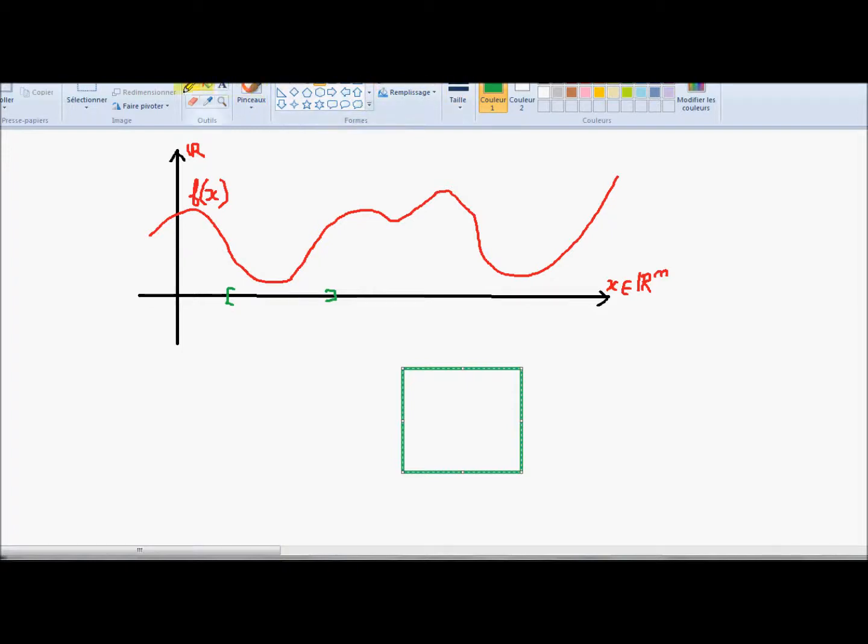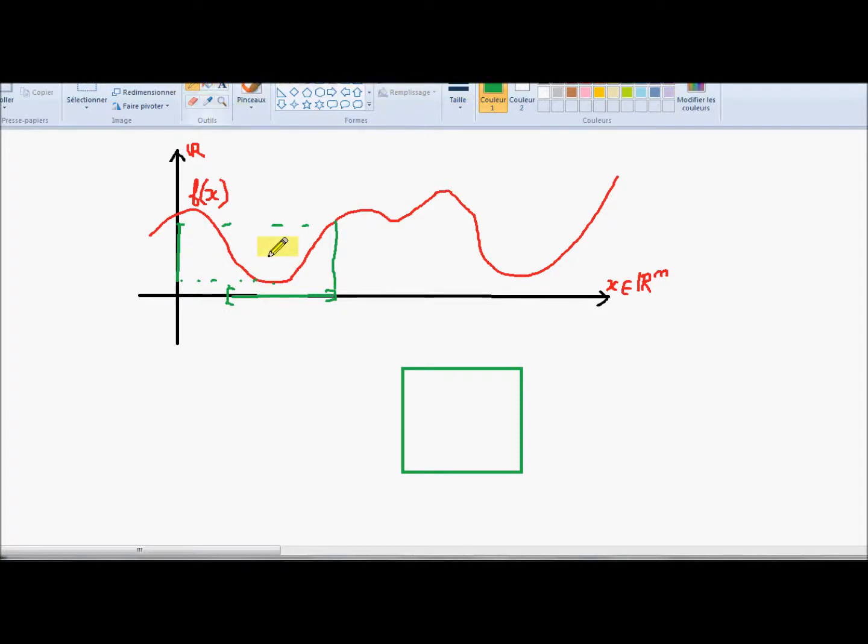So if I have a box such as this one, the image of a box will be here, between the minimum and the maximum. So the image of this interval will be this interval.